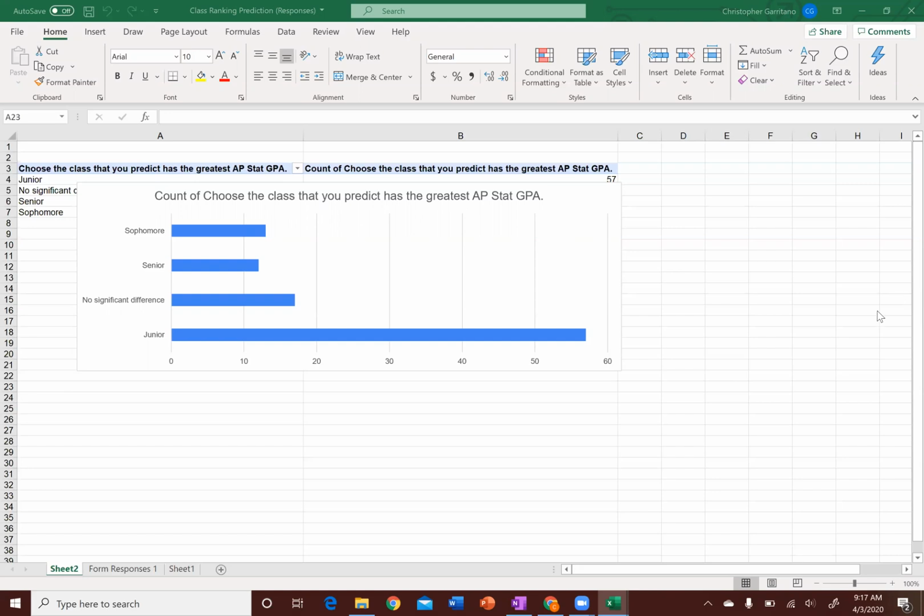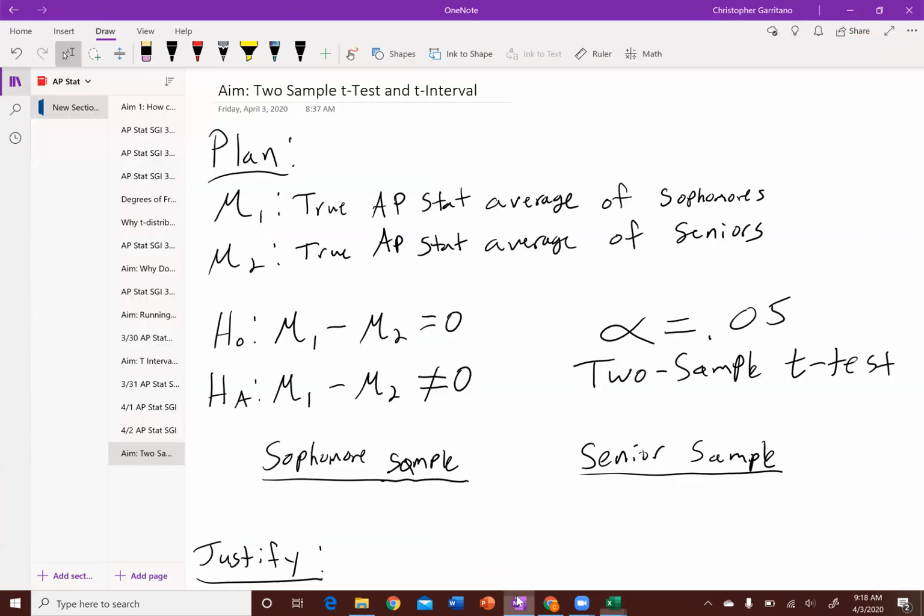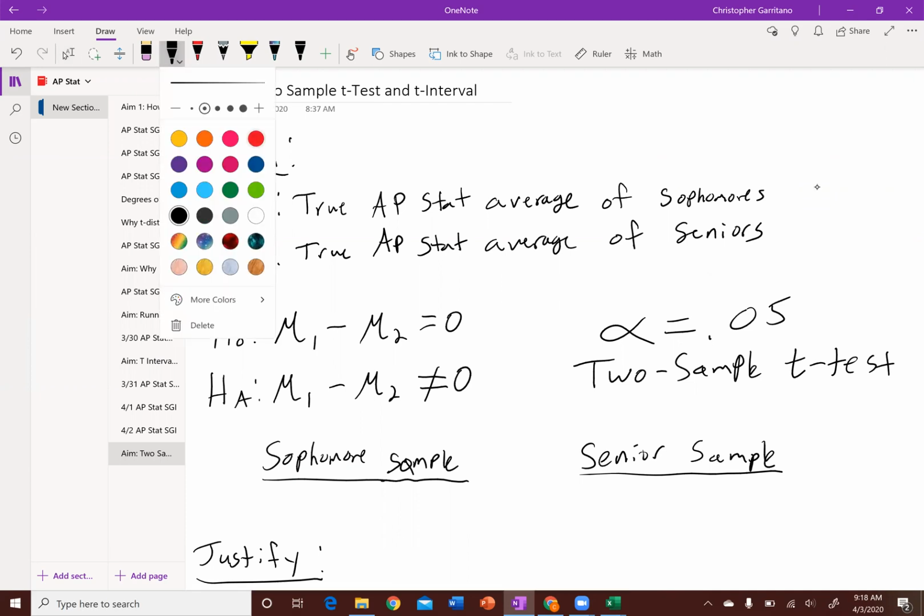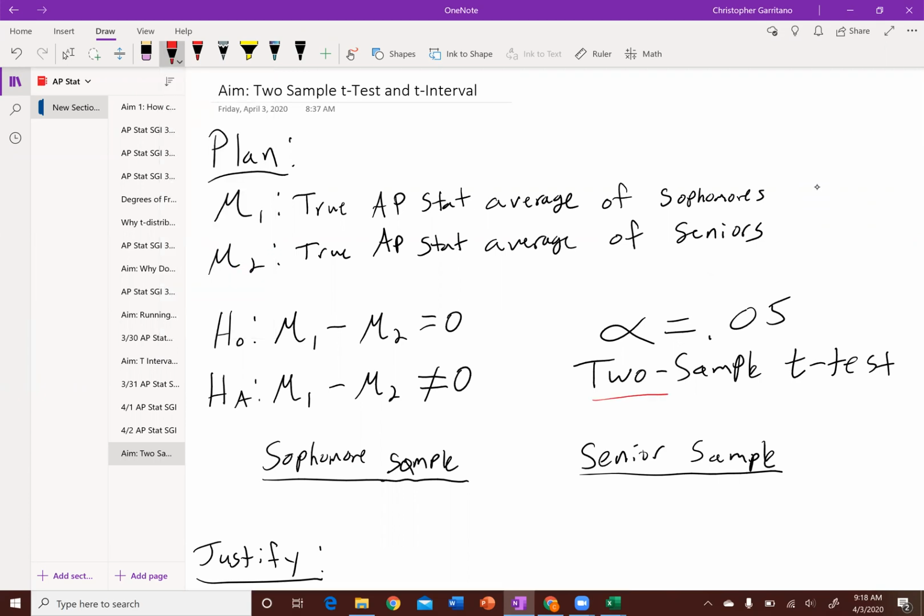So I just want to set up by showing you the plan, and then we'll randomly select the data. With this two sample t-test, I'm going to use a red pen today for all the new information. So we're going to use a two sample t-test.